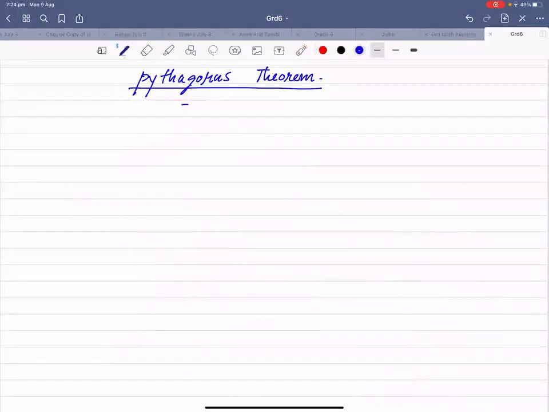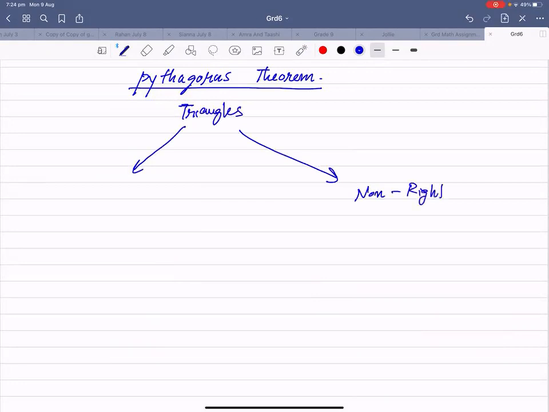So what I said, triangles can be divided into two: non-right angle triangles, then right angle triangles.